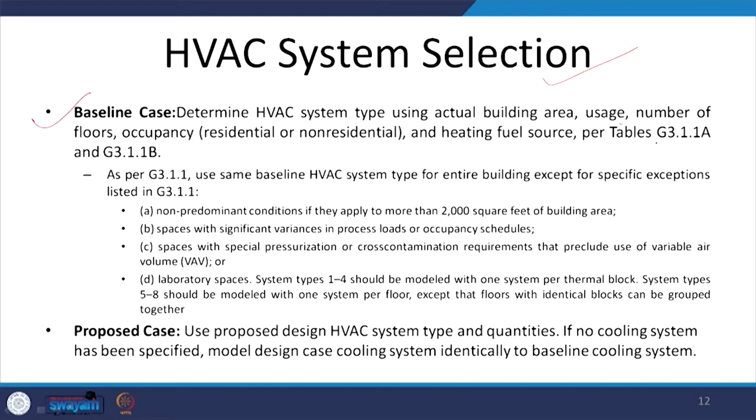The different sections of Appendix G 3.1 will be used to determine the HVAC system used in the baseline case. In case the HVAC system for the proposed building has not been designed as yet, then the same baseline case system will be used in the proposed case as well.